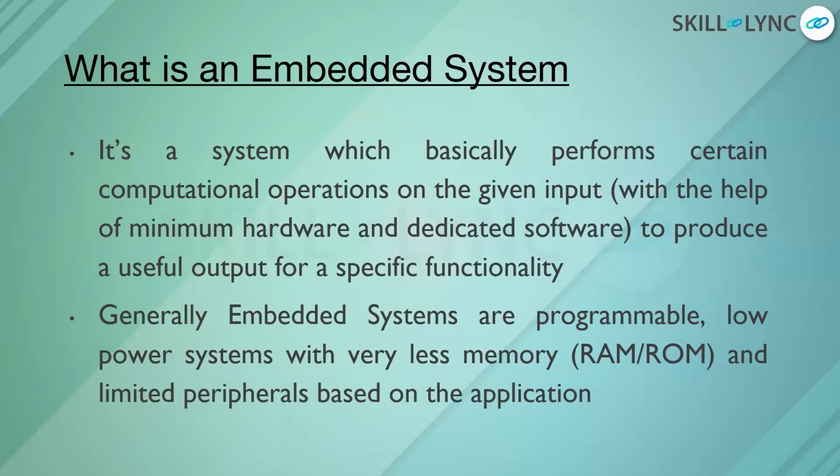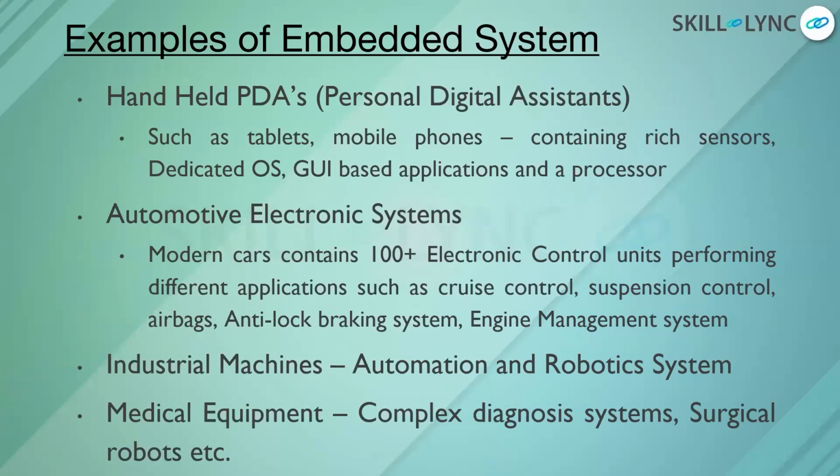Generally, embedded systems are programmable. They are low power systems, and they have a very limited number of peripherals based on their application. Let me move on to different examples of embedded systems, so that people who are completely new to embedded systems get a basic idea of what an embedded system means.